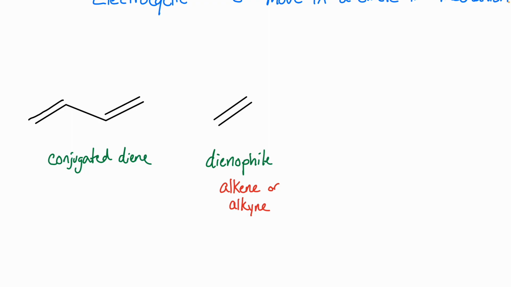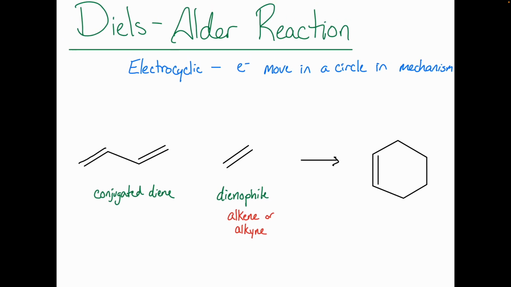All right, and these will react together to form a six-membered ring. Okay, cyclohexene. And we just want to note that we will always form a six-membered ring in these Diels-Alder reactions, all right?